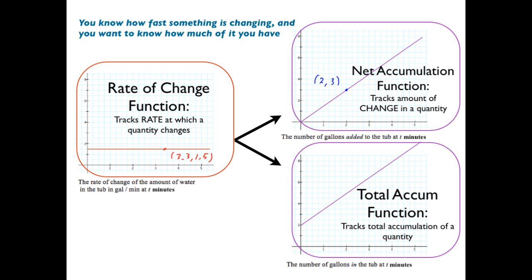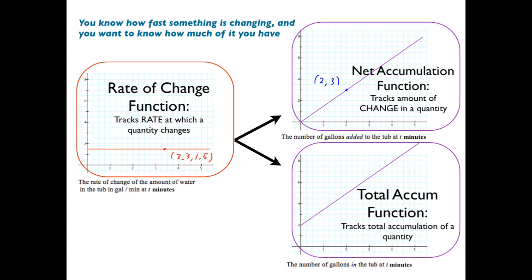So it's tracking the net accumulation, but then it's including any accumulation we had prior to whatever we're calling our starting point. In this case, that was 2 gallons, right? We had 2 gallons when we said go, or when we called this start, which was time equals 0. There was already 2 gallons. That gets included. And then we get a total accumulation function.